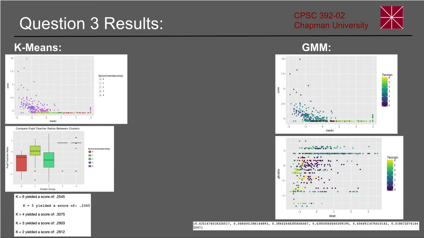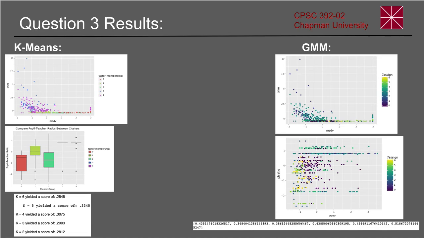This is because you would expect to see lower rates of overflowing classrooms in wealthier areas with more funding. Also, the groups with smaller pupil to teacher ratios, the red and green again, have less lower status individuals in them.